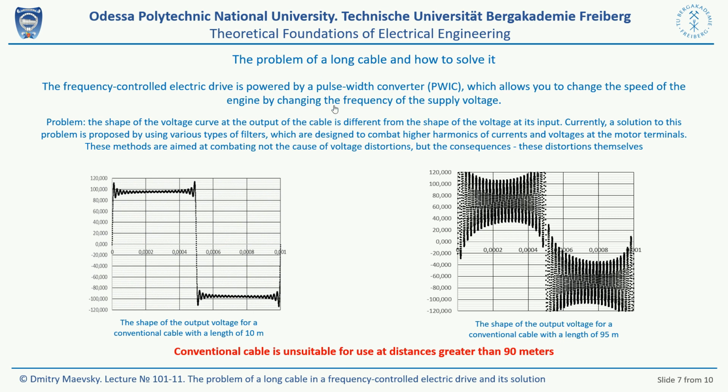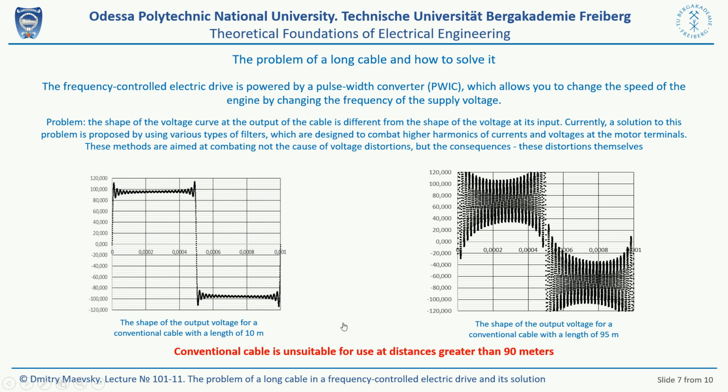Look at this picture. If we take an ordinary conventional cable and apply a rectangular voltage to its input, then at a distance of 10 meters from the input, the voltage shape will still be rectangular.